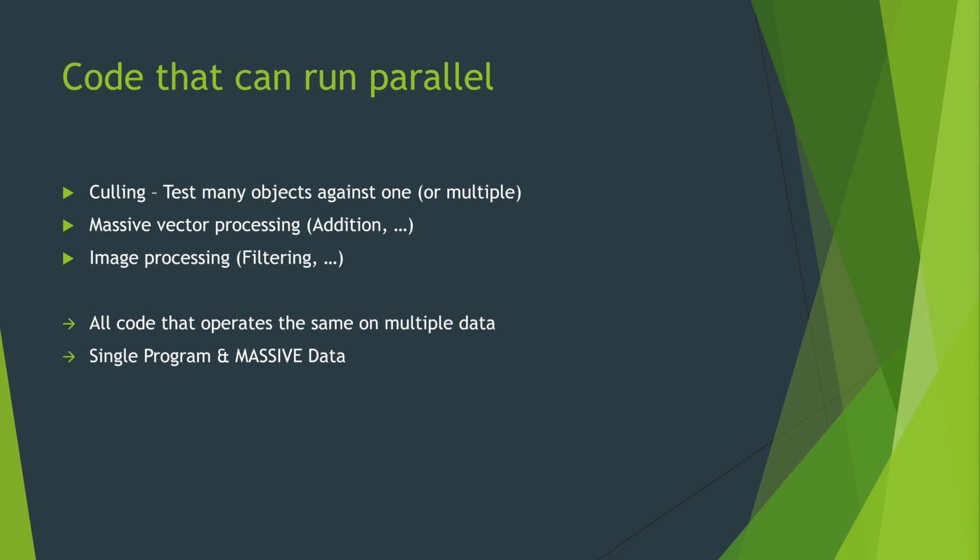Or for example, massive vector processing. If we have a bunch of vectors and we want to offset them, it might be that you write an application which can scale 3D models. So basically, you take in an FBX file and you then scale each single node of this FBX file by a certain value. And you want to do this for new geometry which has millions of triangles.